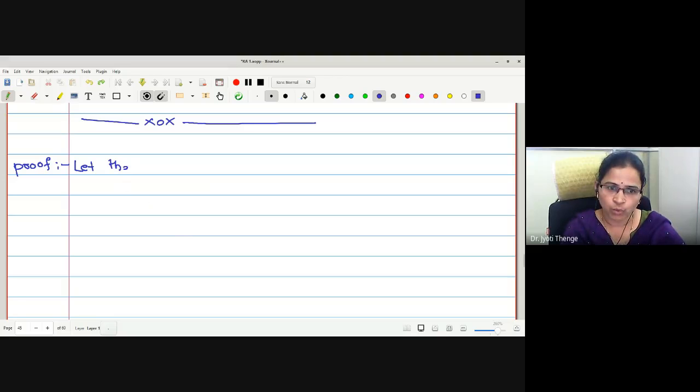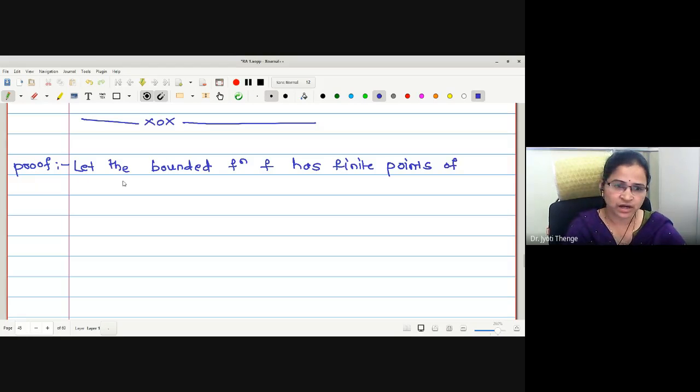Let the bounded function f have finite points of discontinuity on closed interval a to b.